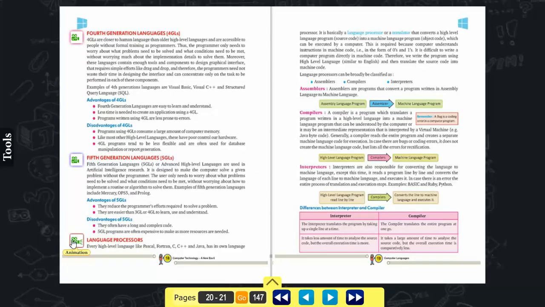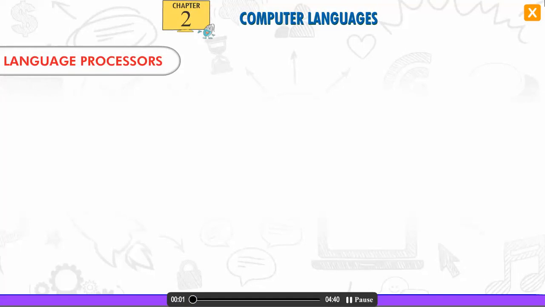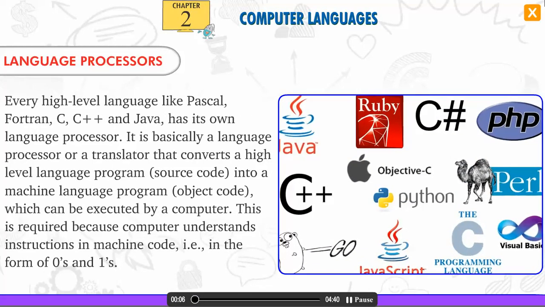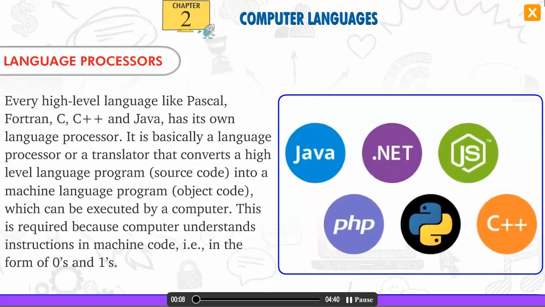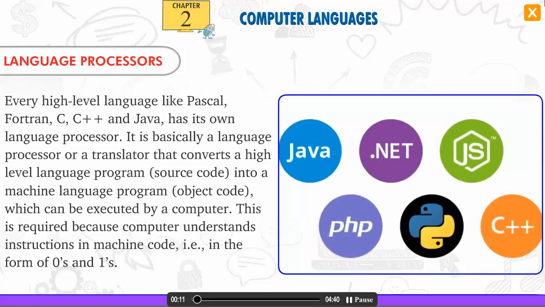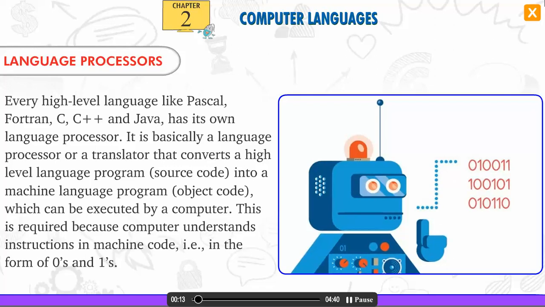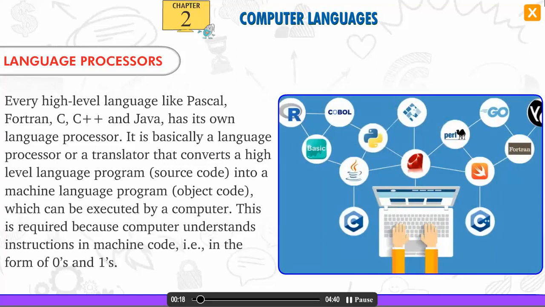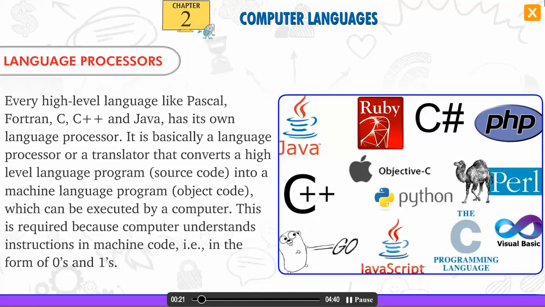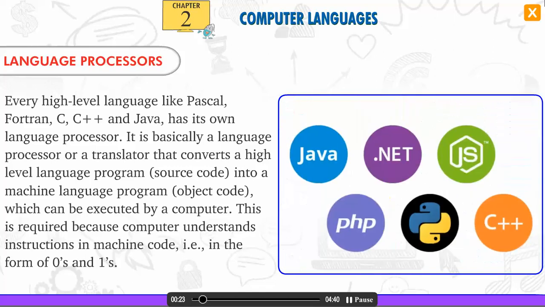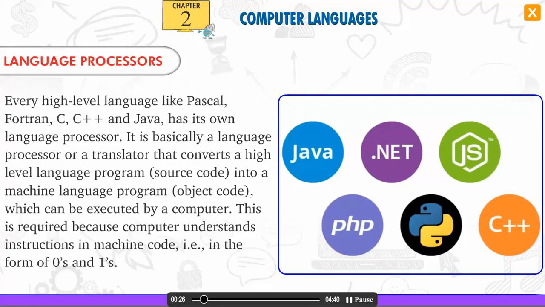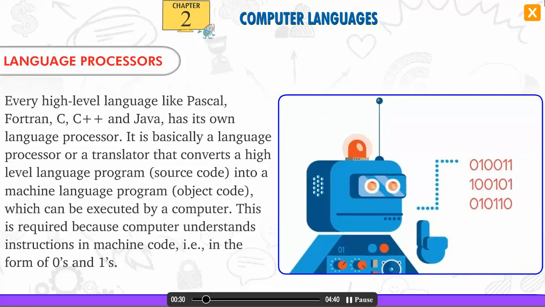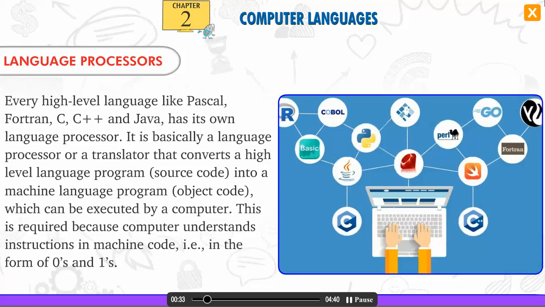Fifth, language processors. Every high-level language like Pascal, Fortran, C, C++ and Java has its own language processor. It is basically a language processor or a translator that converts a high-level language program source code into a machine language program object code which can be executed by a computer.